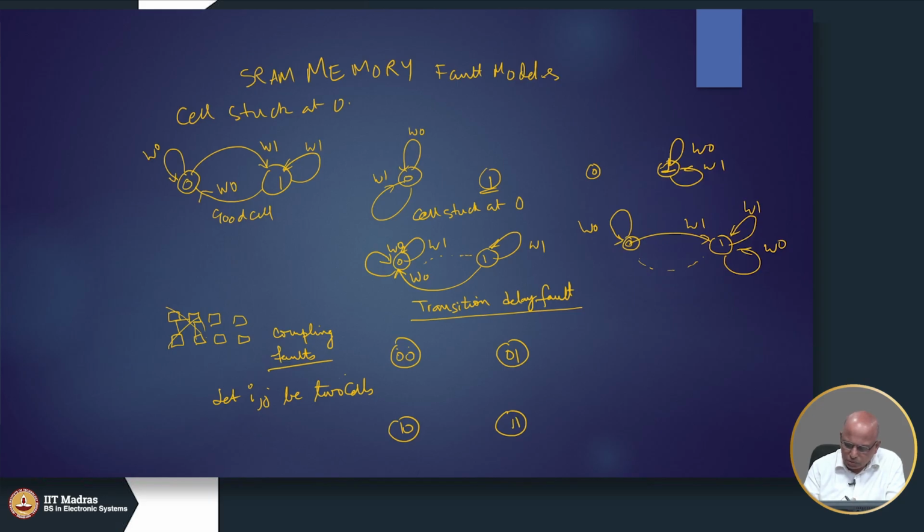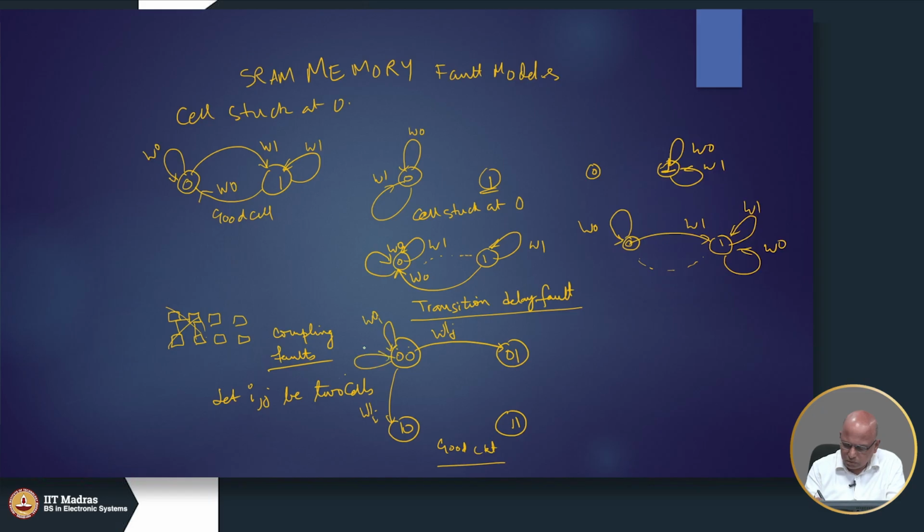Then how does the good circuit behave? A good circuit, that means there is no fault in these i and j. Then if you write a 1 into j, it will go here. If you write 1 into i, it will go here. If you write a 0 into i, it will stay here.